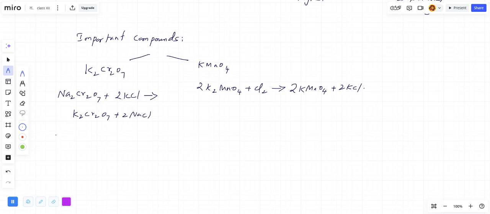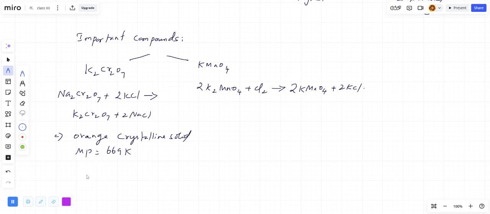Now the properties. Potassium dichromate is an orange crystalline solid. Its melting point is 669 Kelvin.